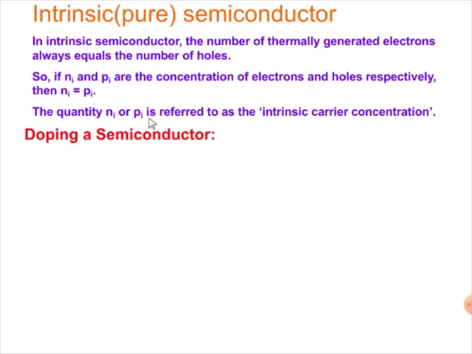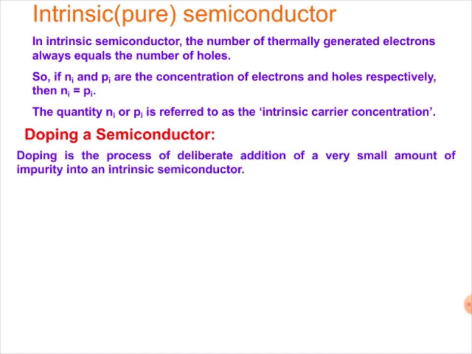Now let's go to doping, to come to the impurity semiconductor, or rather the extrinsic semiconductor. For this we need a process known as doping. What is doping? Doping is the process of deliberate addition of a very small amount of impurity atoms to an intrinsic semiconductor.